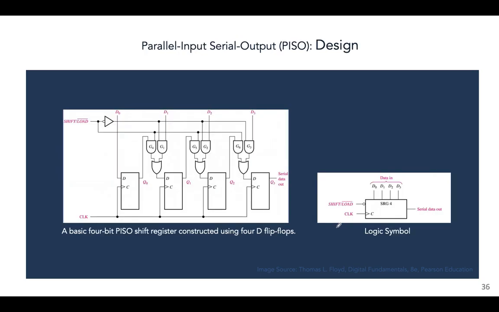Alright, so this is the design of a basic 4-bit PISO shift register, again which we have constructed using D flip-flops. Now most of it will seem familiar. We have the 4 flip-flops, we have the clock pulse, this is essential. What additional things you'll notice in this circuit as compared to what we've seen previously is these collections of gates, these additional combinational circuits.